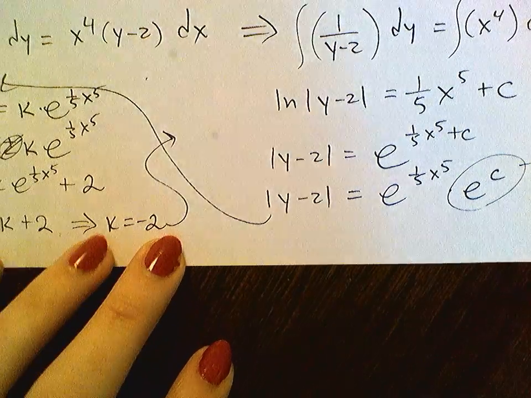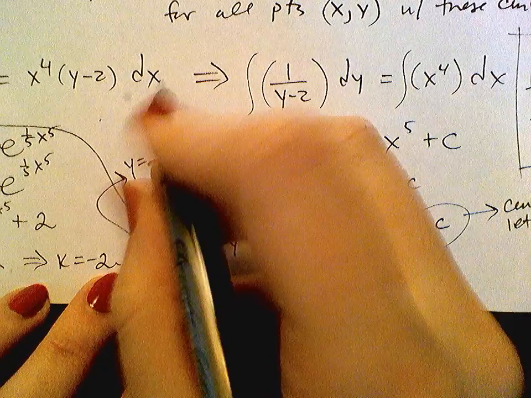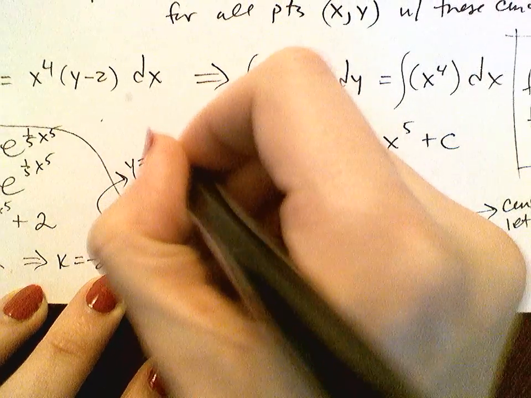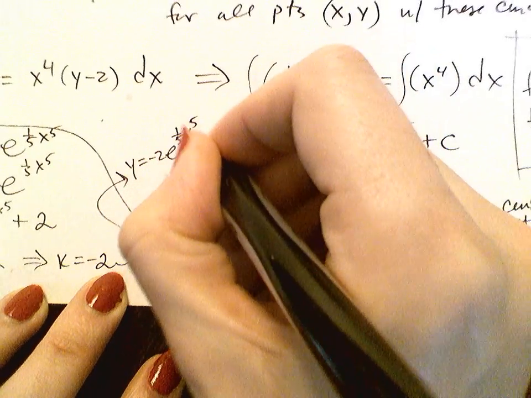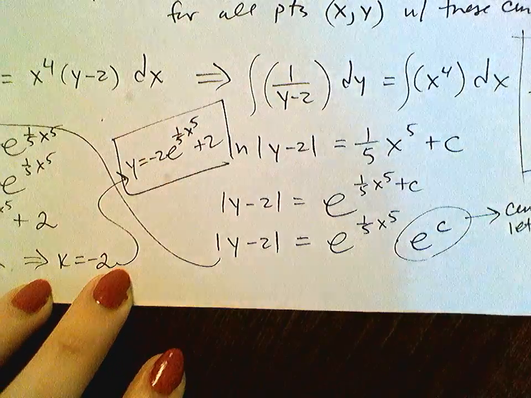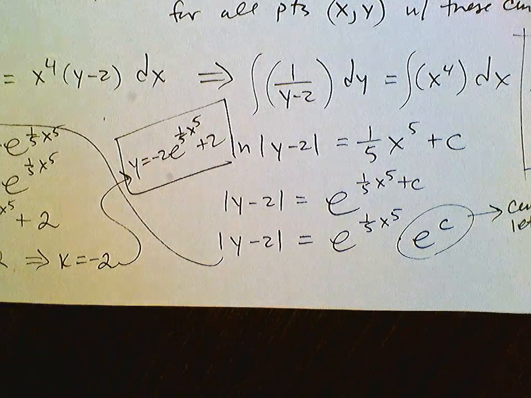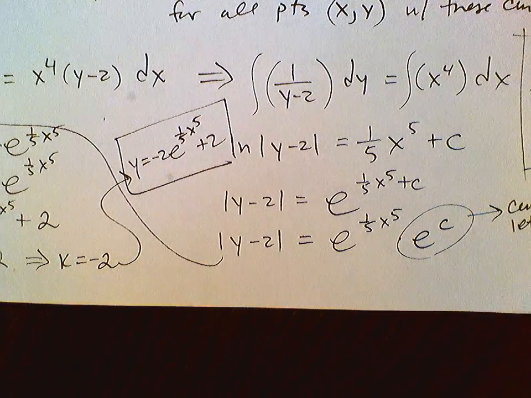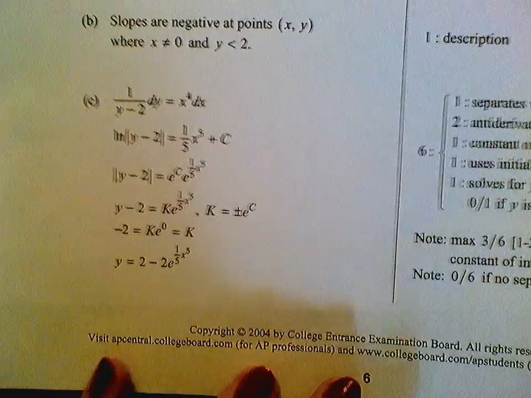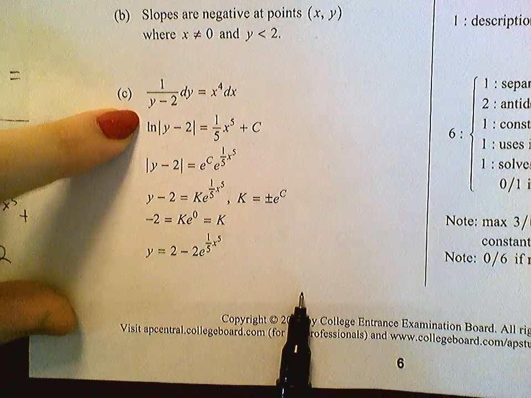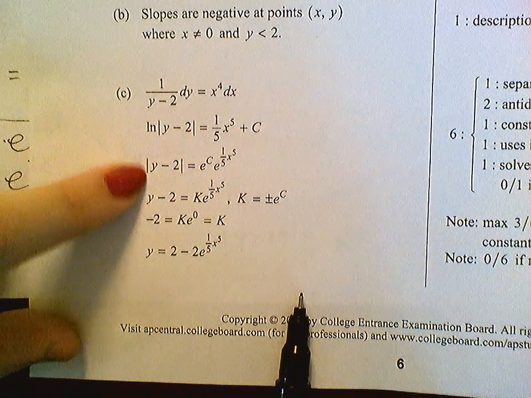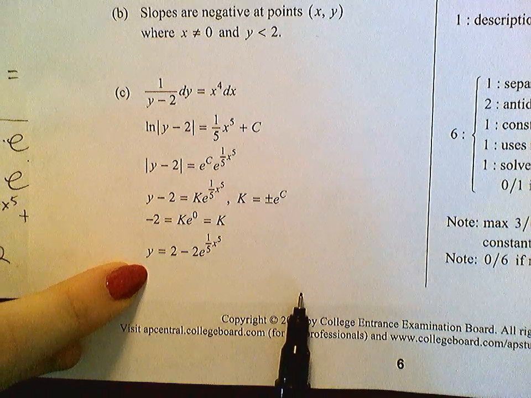So we've got y is equal to negative 2e to the 1/5 x to the 5th plus 2. Sorry, guys, that I botched that up at the end. But if it's unclear, I'll talk about it in class. And so just take a look at the way that they solved it. That's the way that they solved it.